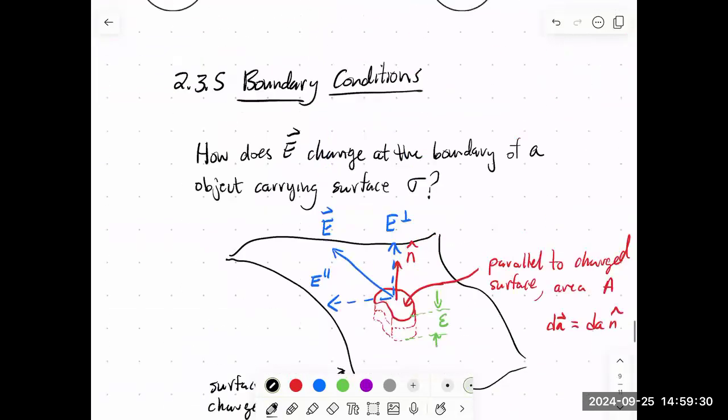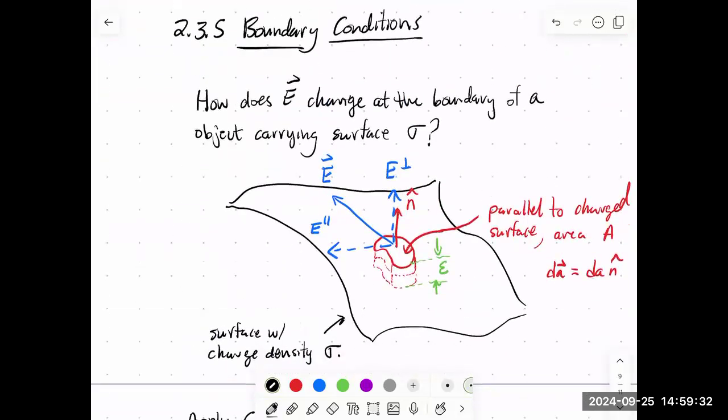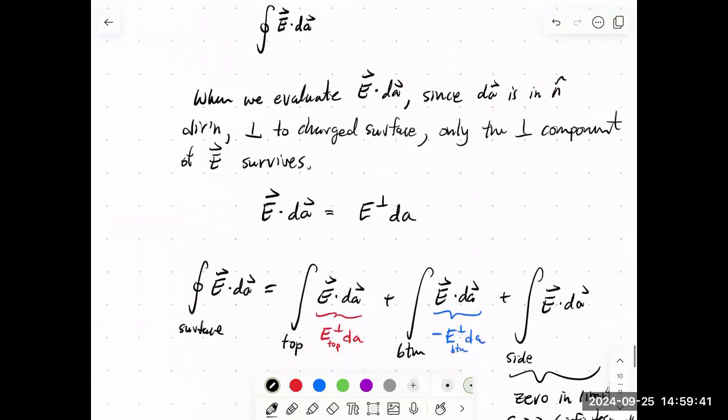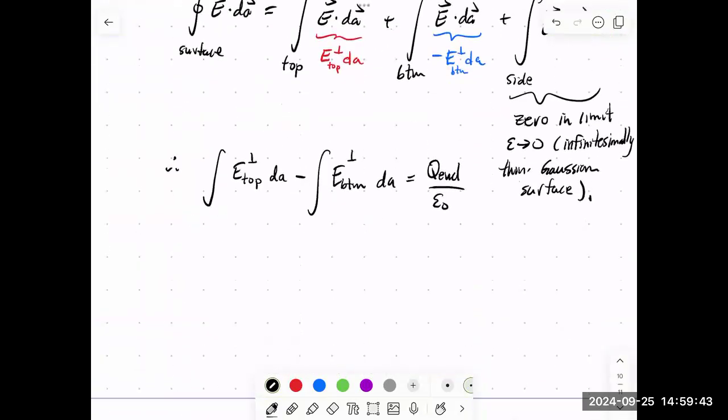But what's Q enclosed? If we have a charge per unit area sigma, and this top plate has an area A, how much charge is inside our surface? Sigma A, that's right. Sigma times A is equal to Q enclosed.